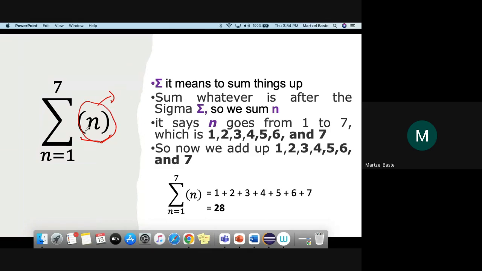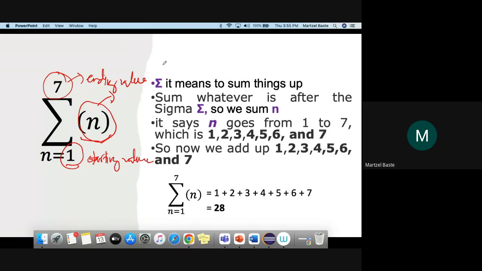It means that the n goes from the lower limit going to 7. So, again, in programming, this is the starting value, which is why it is called the lower limit, and this is the ending value. So, that is how you analyze the summation.